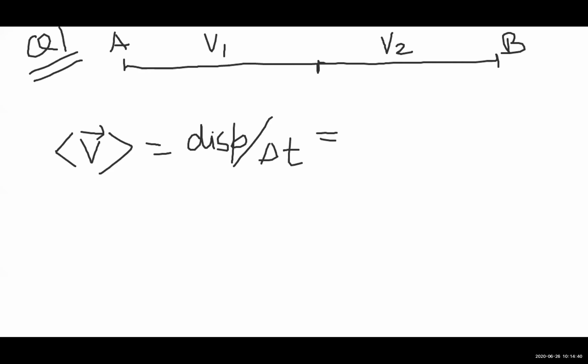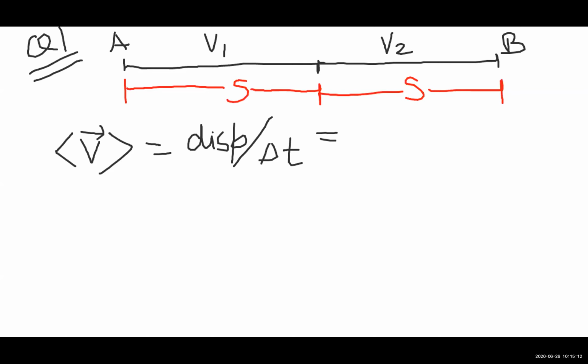So assumption number 1 is that the distance between A and B is given as 2s, so that this distance is s and this distance is s. Right? No, x cannot appear in the answer. So what is the total displacement of the particle?